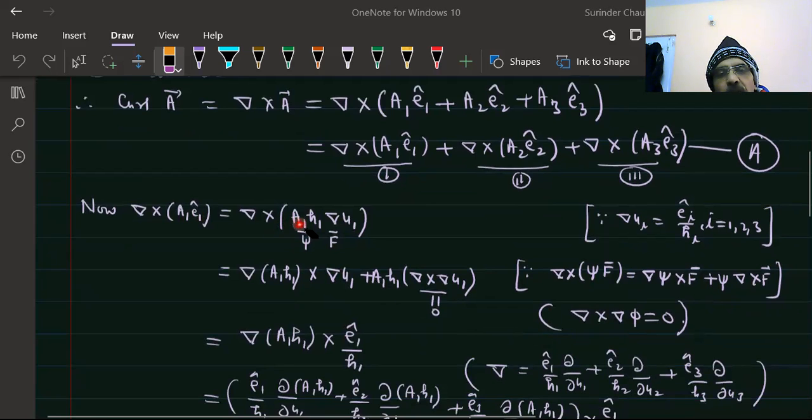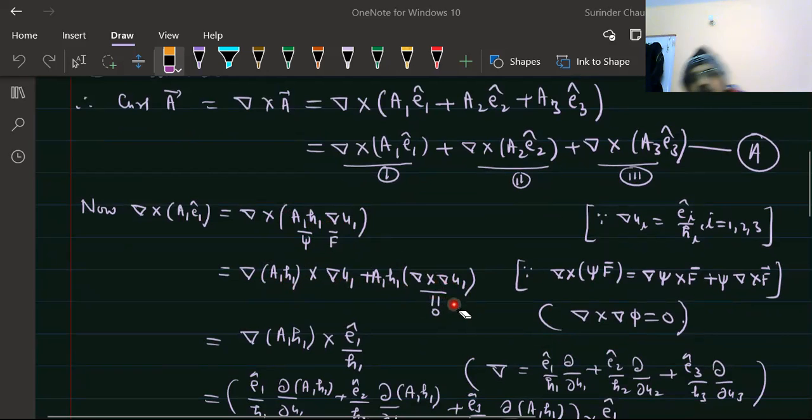Substituting, psi is a1 h1 and f vector is del of u1. So this is del of a1 h1 cross del of u1 vector plus a1 h1 del cross del of u1.